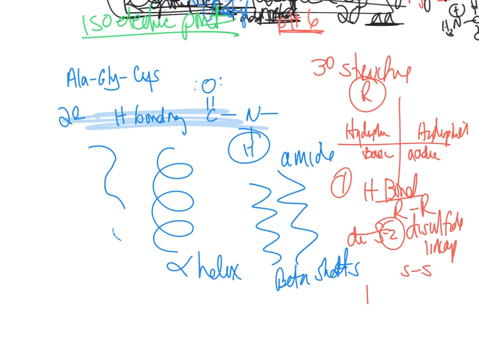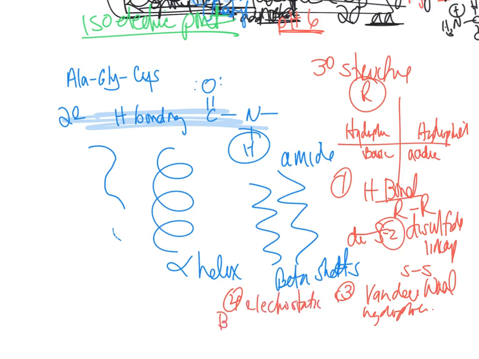You also have van der Waals, which is hydrophobic. Okay, same thing, hydrophobic. And then you can have electrostatic. And the only ones that can do this would be your basic R group, that would end up being a positive charge.